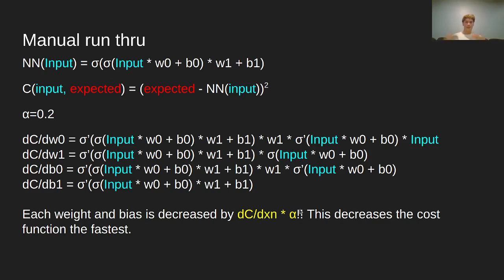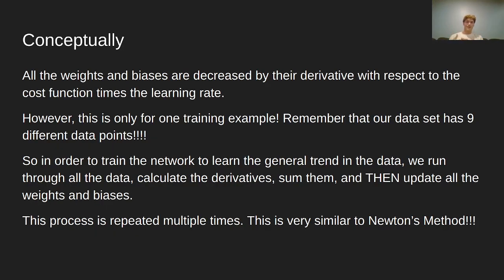And this kind of decreases the cost function the fastest. So conceptually, as a recap, all the weights and biases are decreased by their derivatives with respect to the cost function times the learning rate.